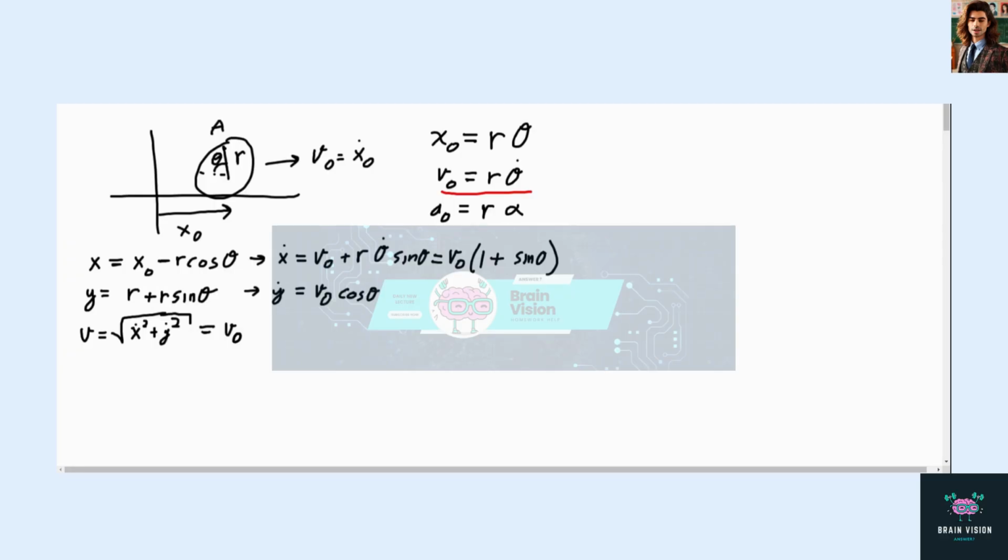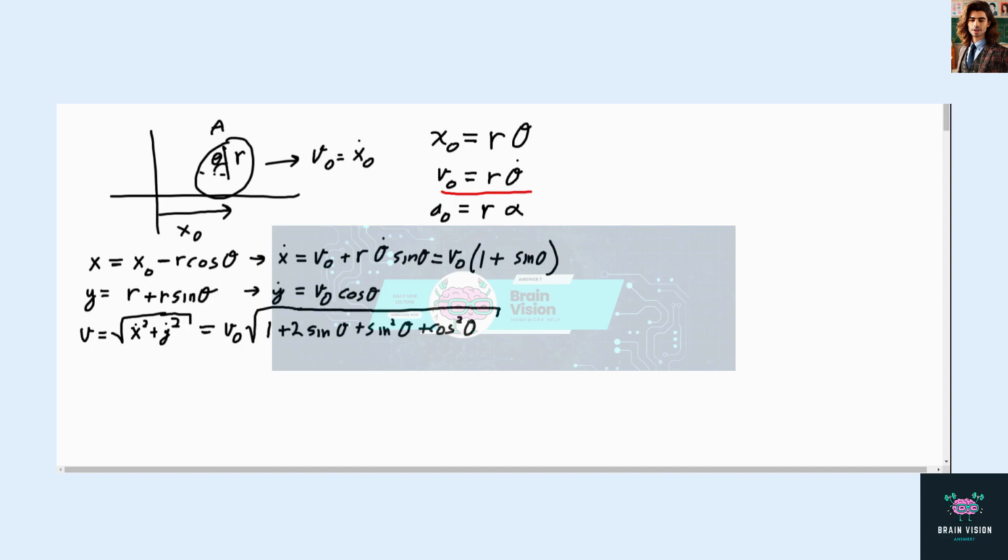Which I'll actually show here. So I pulled the v0s out, but inside the square root, I have a 1 plus sine of theta quantity squared. So that'll give us a 1 plus 2 times the sine of theta, then plus the sine of theta squared, but then we have a plus a cosine squared of theta.